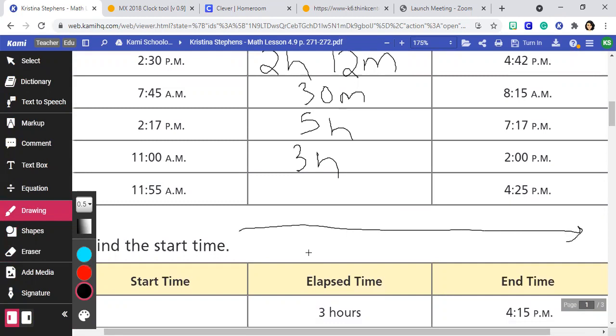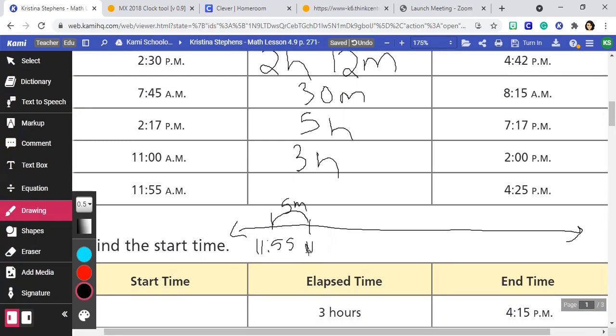You are probably going to need a whiteboard, dry erase marker, or a separate piece of paper. So if I start at 11:55, I know that that's 5 minutes away from noon. So that's my 5 minutes.